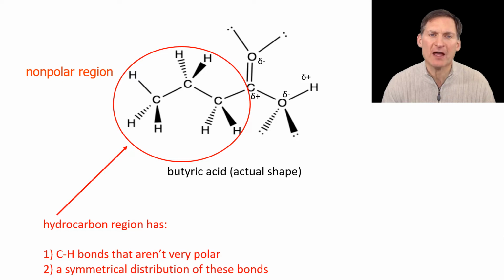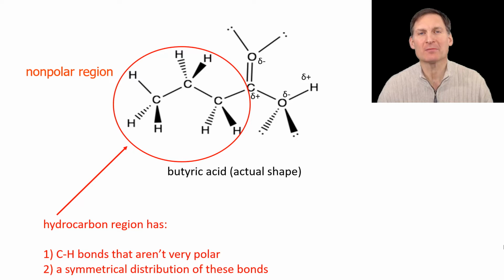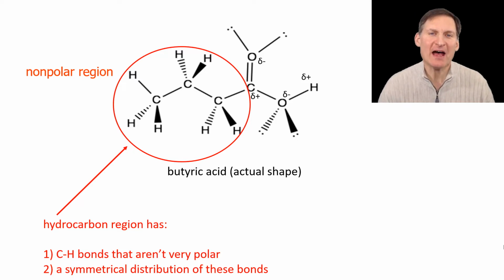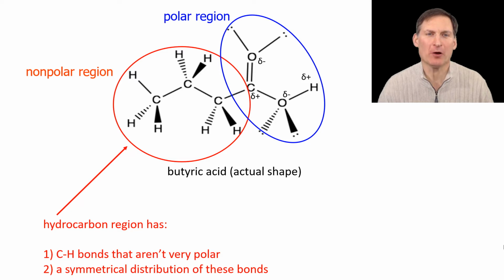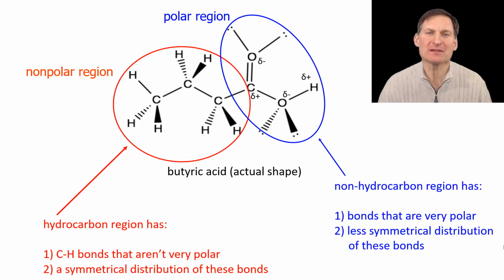Further, the carbon and hydrogen bonds are arranged in a manner that's very symmetrical. Bottom line, it makes that part of the molecule nonpolar. The non-hydrocarbon region is polar because the bonds themselves tend to be more polar. For example, there's a big electronegativity difference between hydrogen and oxygen: 2.1 for the moderately electronegative hydrogen and 3.5 for the very electronegative oxygen.